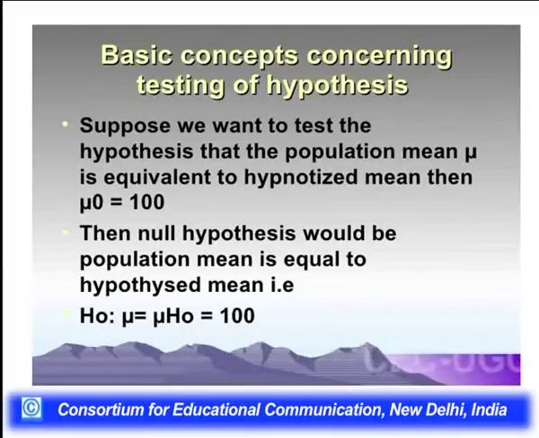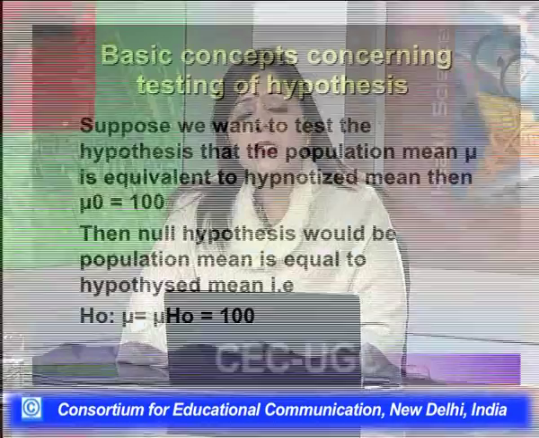Coming on to the basic concepts concerning the testing of hypothesis. Suppose we want to test the hypothesis that the population mean mu is equal to the hypothesized mean, that is mu H0 is equal to 100. The null hypothesis would be that the population mean is equal to the hypothesized mean, that is H0: mu = mu H0 = 100.